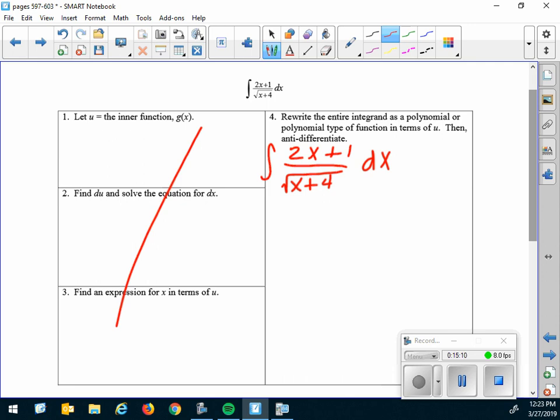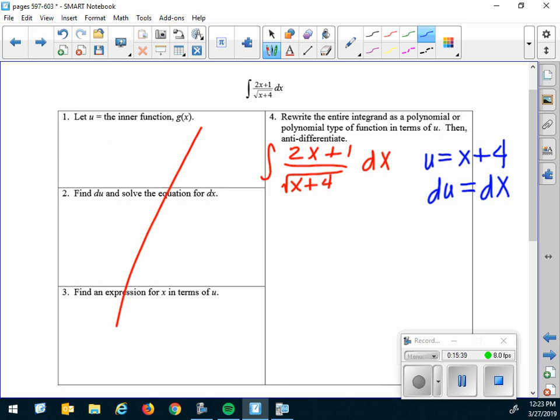Do I have a composition anywhere? Where? So what's the inner function of that composition? That's what we're going to let u equal. So what's du? Oh, that's a nice one.